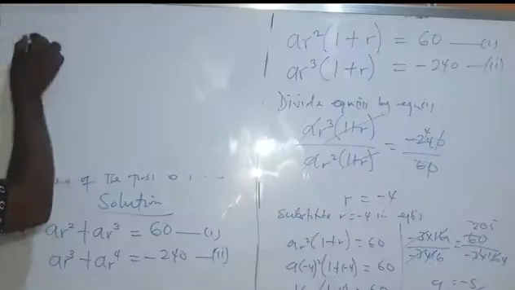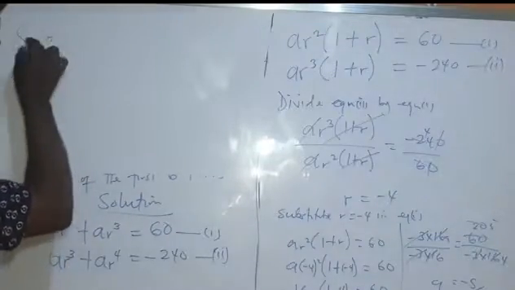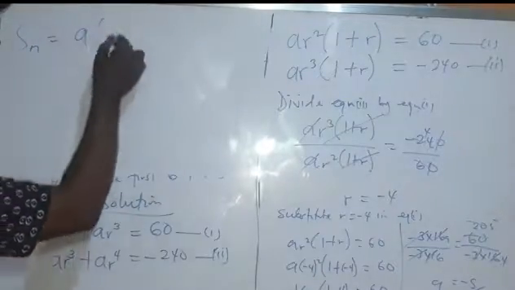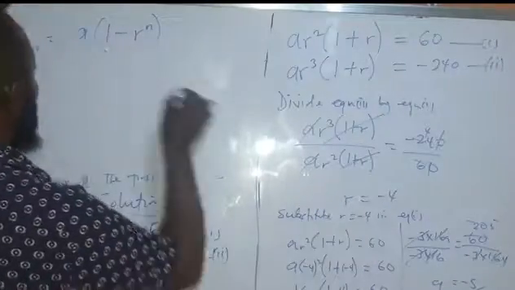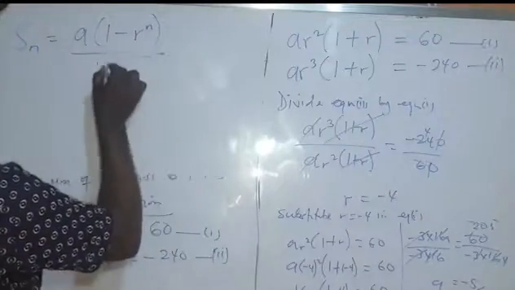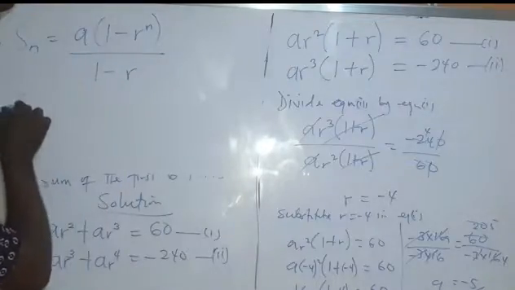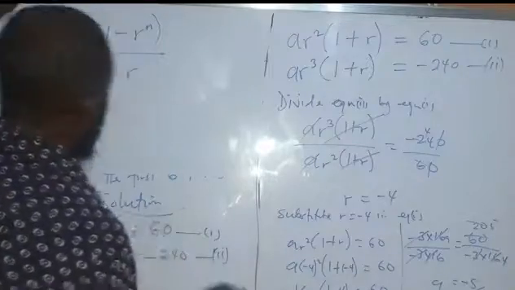So that is S6. We then make use of Sn first. That will be A into bracket, since R is less than 1, 1 minus R raised to n, divided by 1 minus R. So in this case, S6, sum of 6 terms will be A. What's the value of our A?